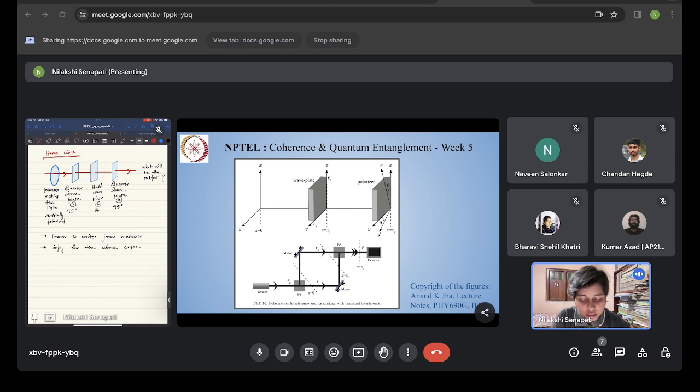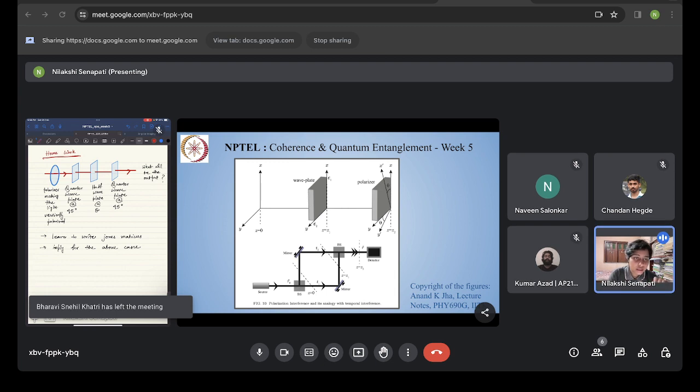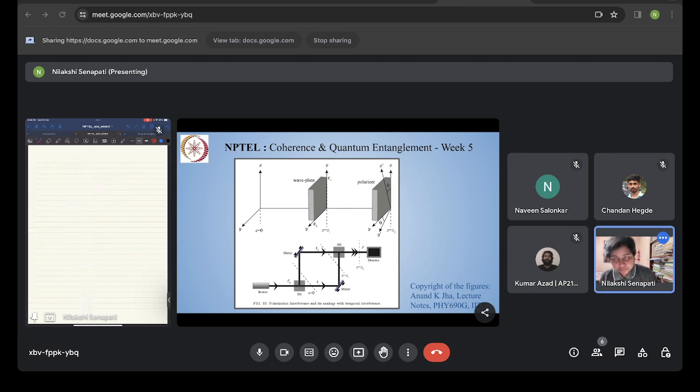This exercise will never come in the exam, or it may also come, but hopefully it will not. But to learn this, you can do this exercise by yourself. Sorry. Now we will discuss coherent mode representation very quickly and go to the further problems.